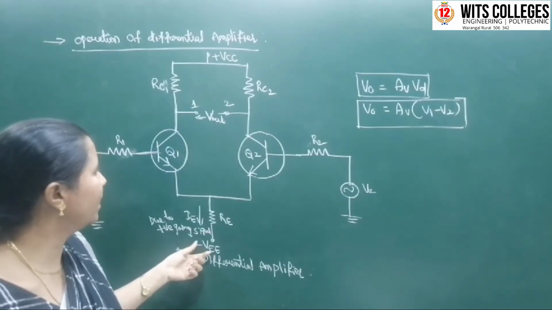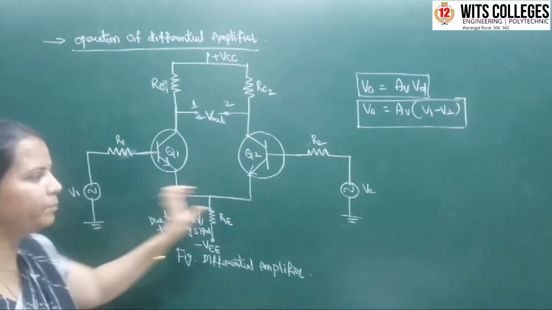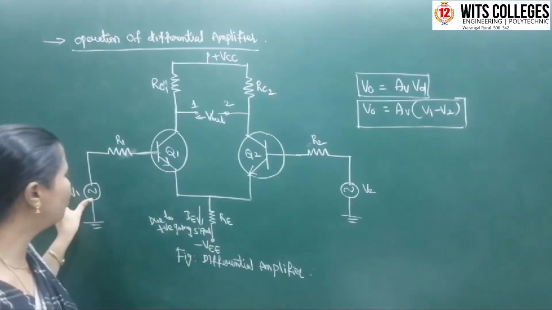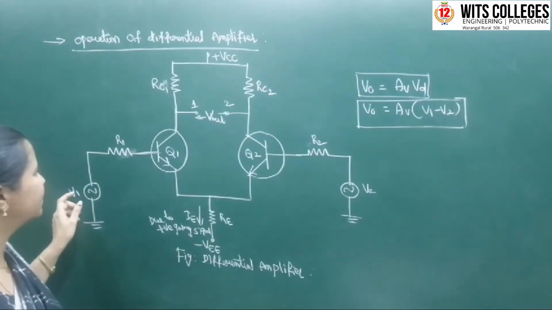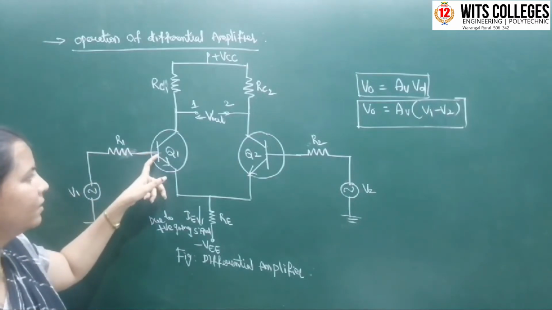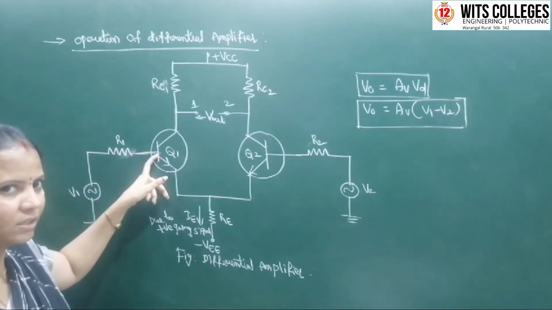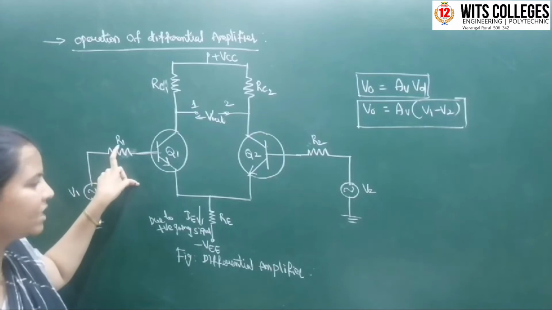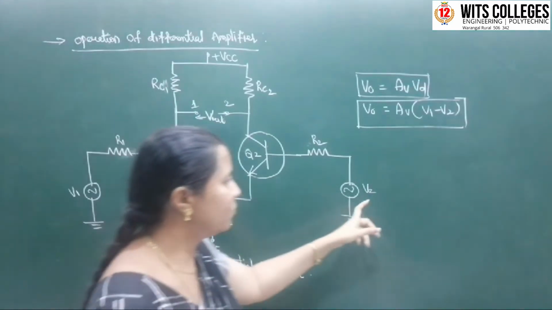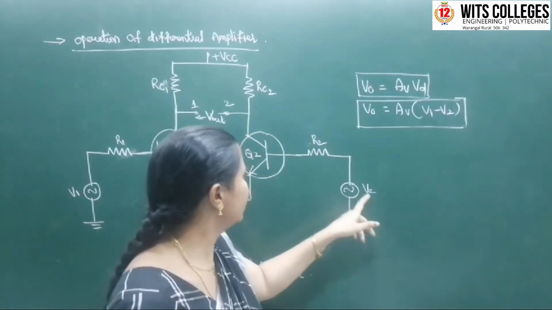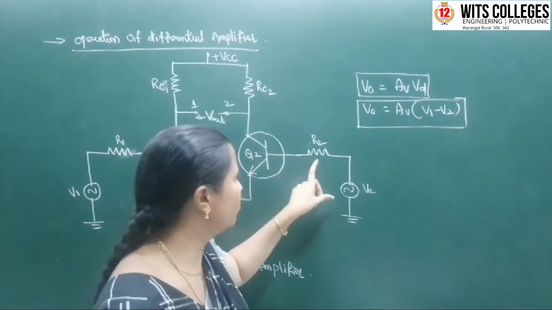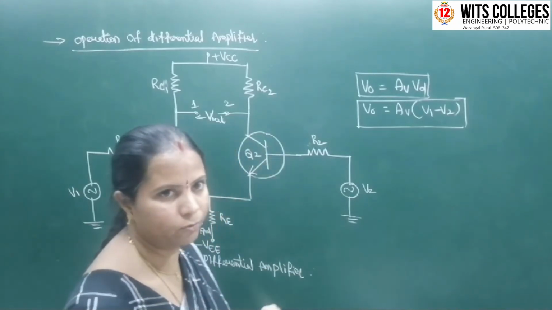We are giving two inputs. One voltage V1 is connected at the base of transistor Q1 through the resistor R1, and another voltage V2 is connected at the base of transistor Q2 through the resistor R2.